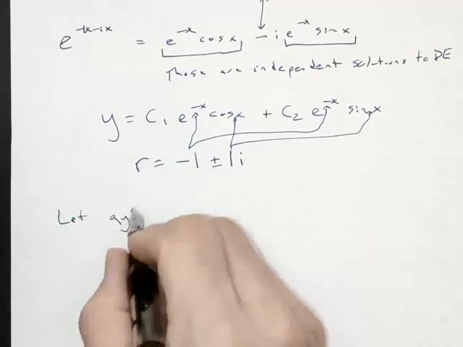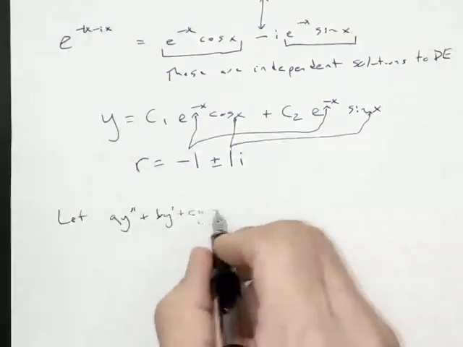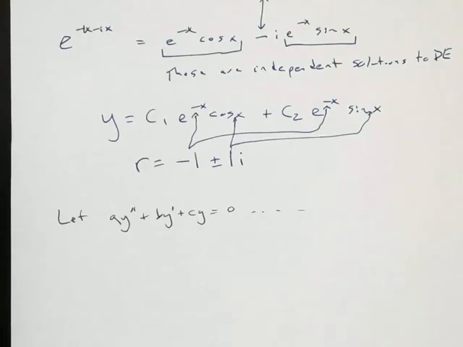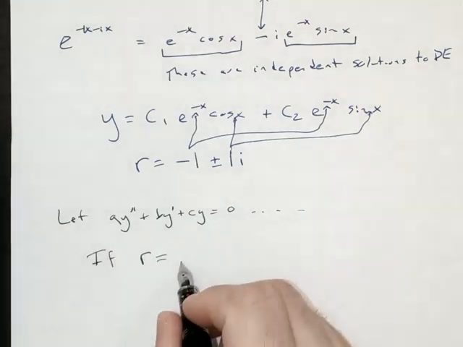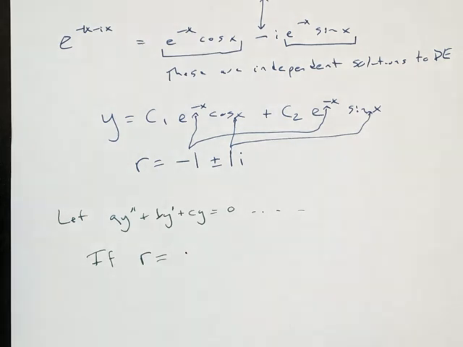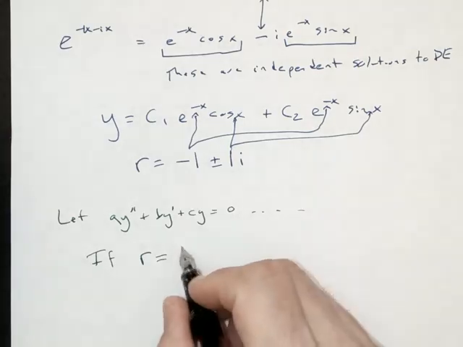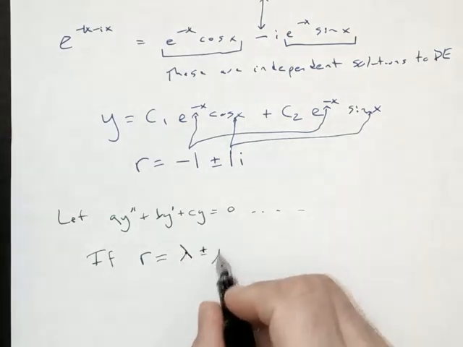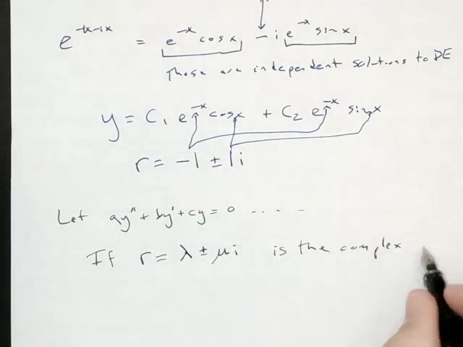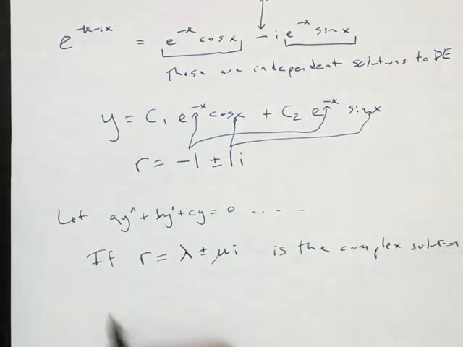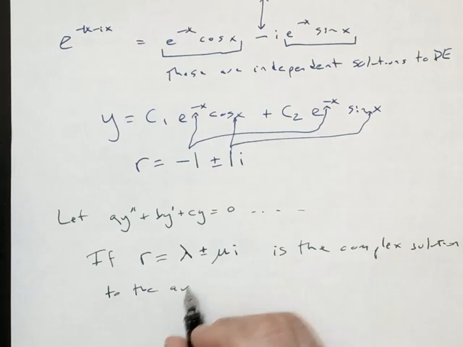Let ay double prime plus by prime plus cy equals 0 be a homogeneous linear second order differential equation with constant coefficients. If r equals, I need two different numbers. I've used a and b. I'm going to use Greek letters because that's what my other book did. Lambda plus or minus mu i is the complex solution to the auxiliary equation.